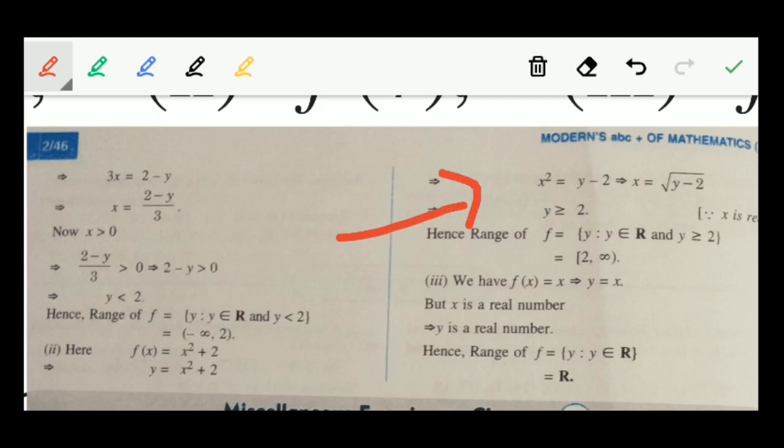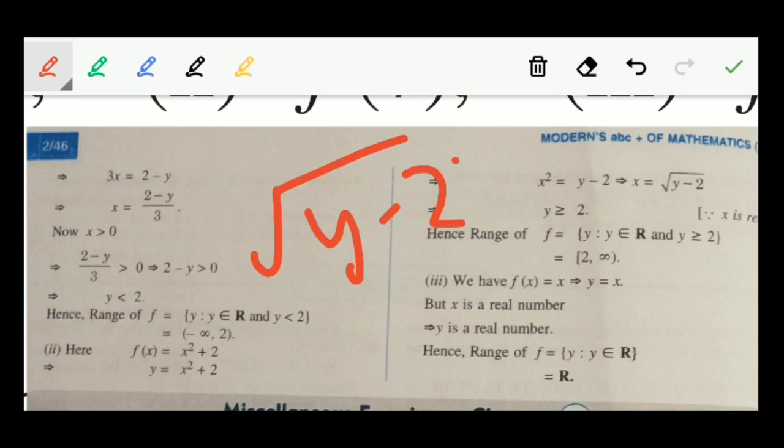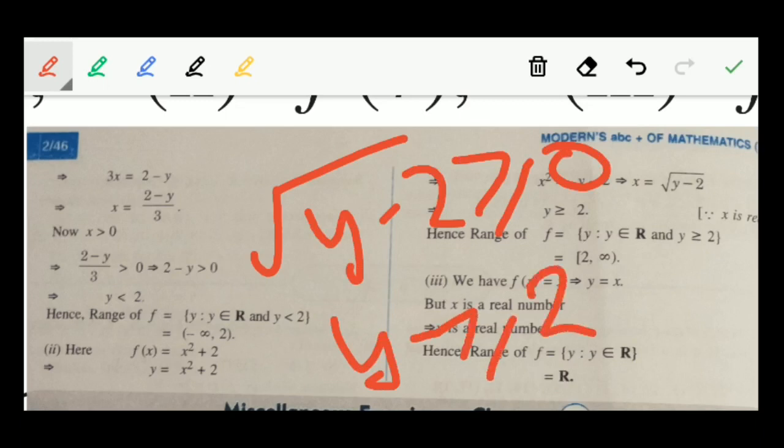the value of a square root is not less than 0. So from here we can write y minus 2 is greater than or equal to 0. From here we get y is greater than or equal to 2.